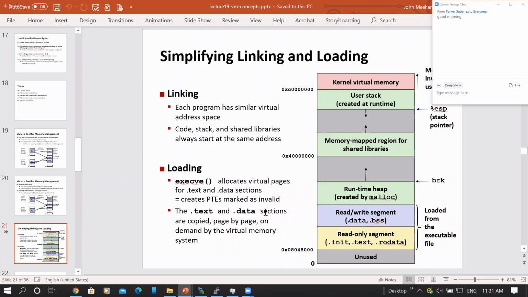So then we have other segments that we think of your process as having, like the place for your data to live. And this thing, BSS, there's a lot of mythology about what it is. What does BSS stand for? It's pretty much agreed upon that it stands for block started by symbol. It's just a leftover thing from evolution in the Unix world.